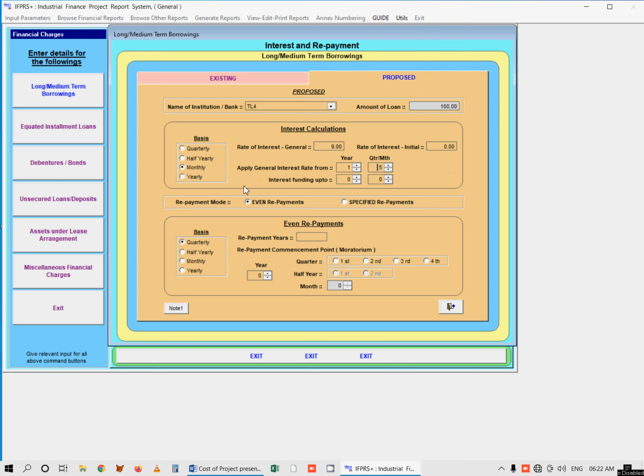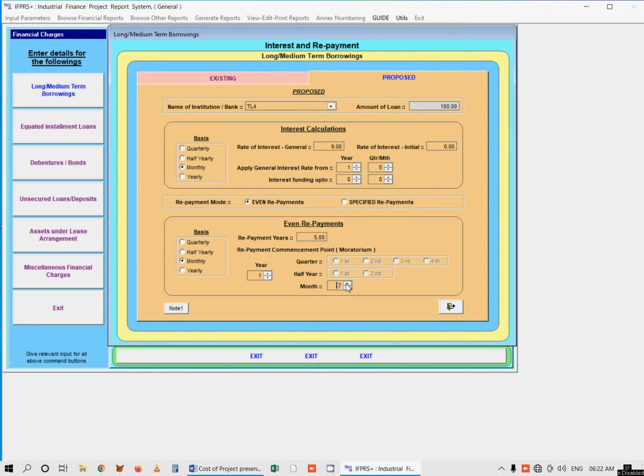Thereafter, for this new TL4, state the repayment in simple terms. State repayment years and then repayment basis as quarterly, half-yearly, monthly or yearly. Then state the moratorium period. Say we want a 6 months moratorium, then repayment starts from year 1 and month 7.